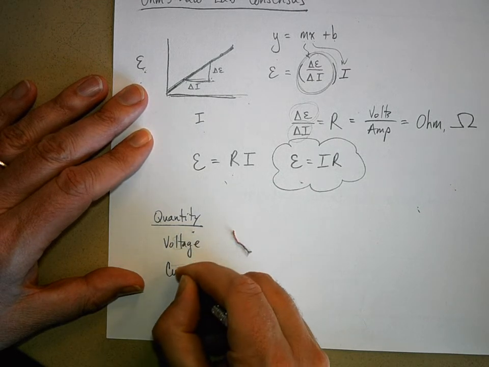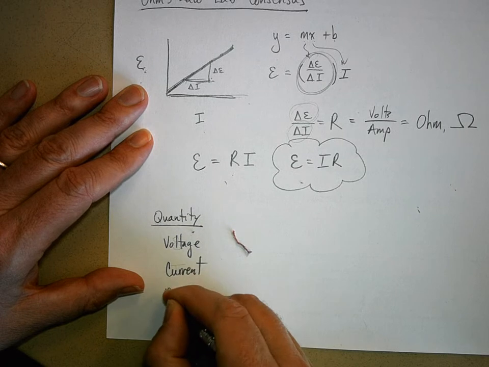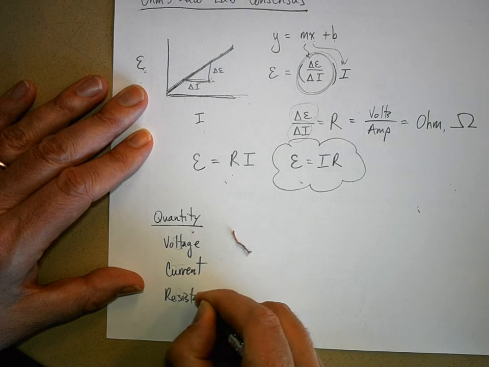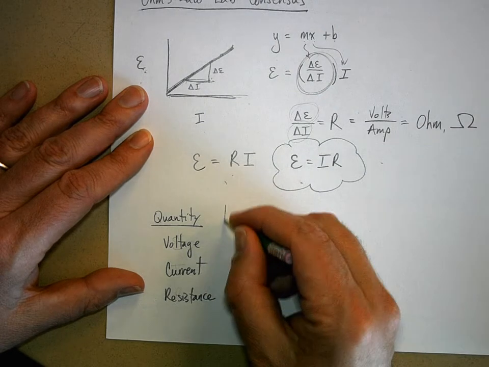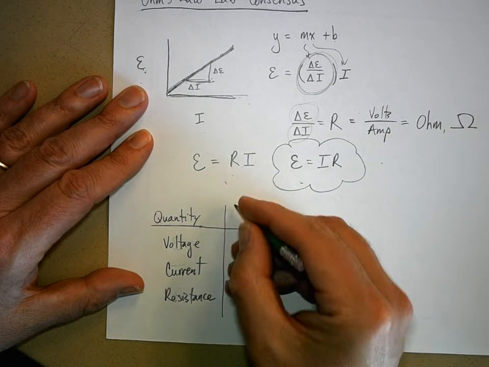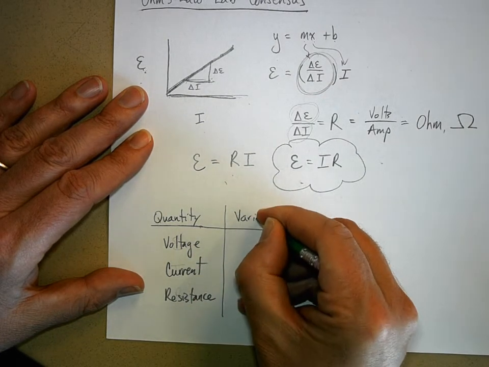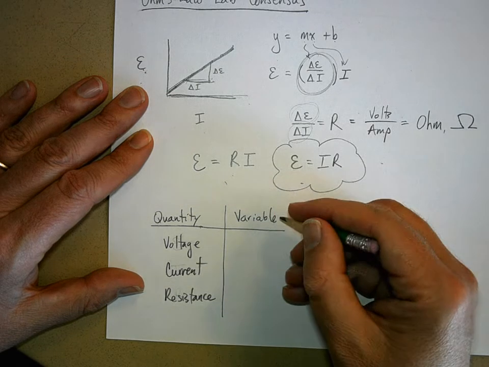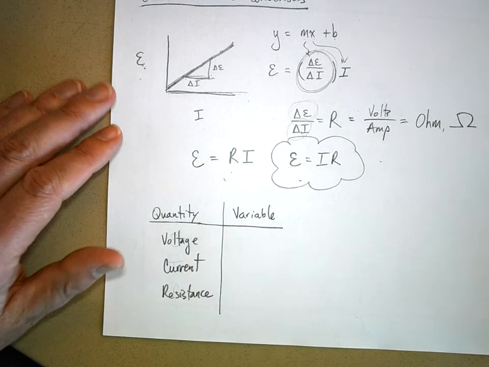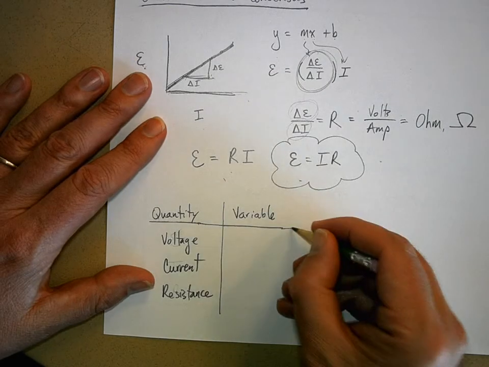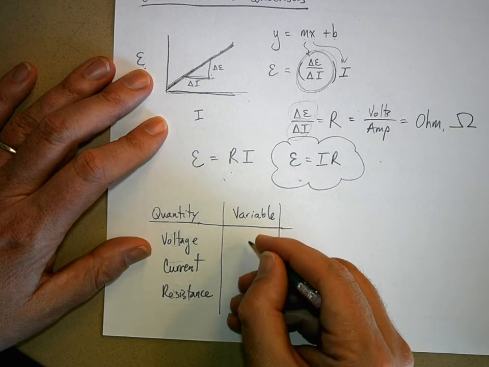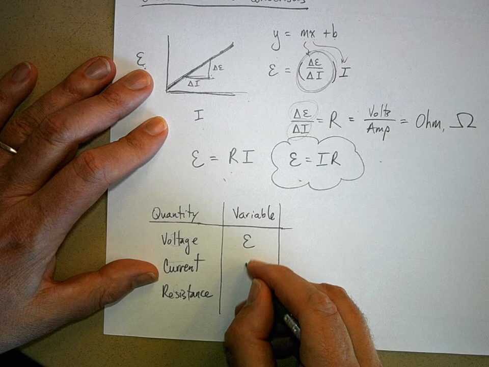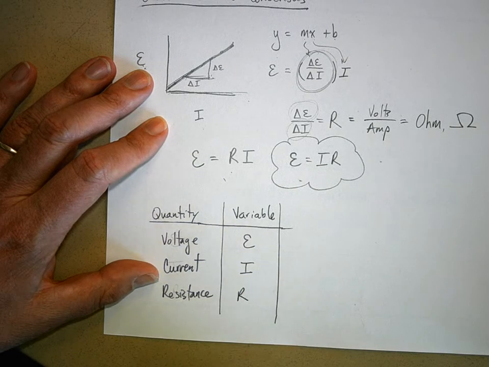What's the variable? The variable is E, I, and R.